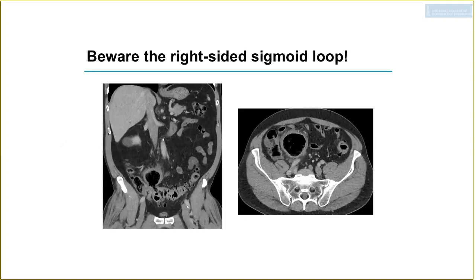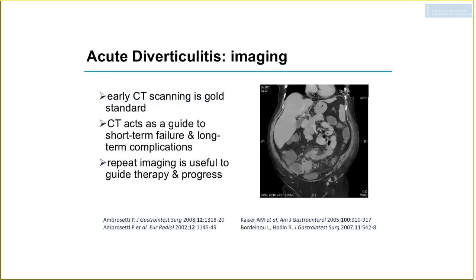Here's a case of mine from around 3 weeks ago, a gentleman who had right-sided abdominal pain and a palpable mass, and here in fact you can see a giant diverticulum, or possibly an old perforation that's become walled off. You can see this sigmoid loop of diverticular disease here, but the trouble is mainly on the right. So quite an interesting thing, just beware of that.